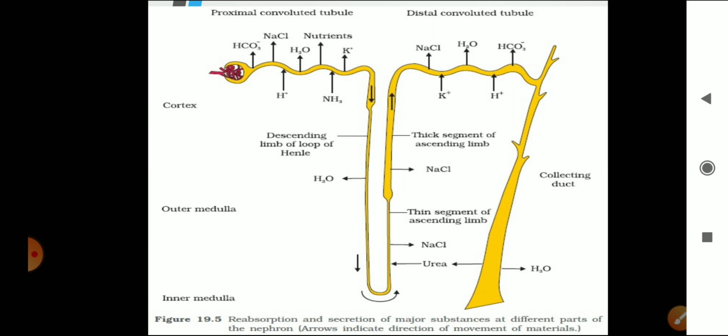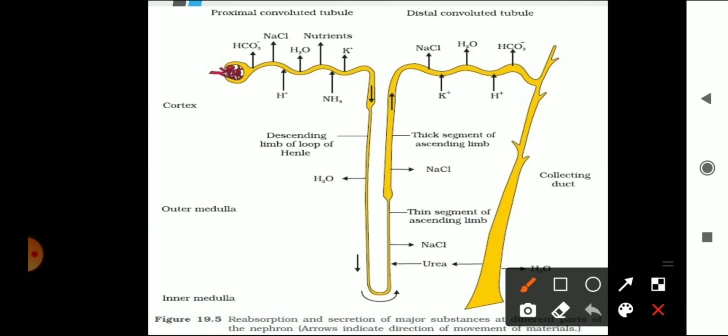Now this is a diagram to show the reabsorption by different parts of the nephron. In this diagram you can clearly see this part is the glomerulus where filtration takes place. Now this part is the PCT.